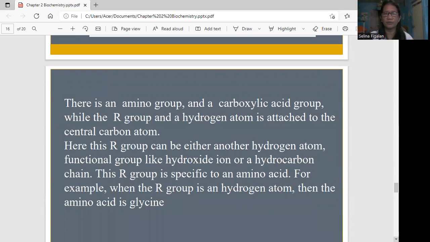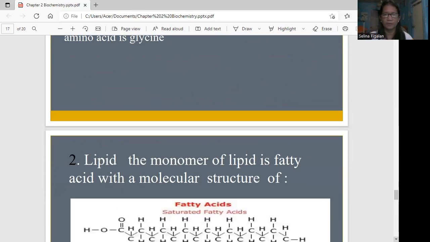This R group is specific to an amino acid. For example, when the R group is a hydrogen atom, then this amino acid is known as glycine. It's a bit deep, so that will be discussed under your proteins.